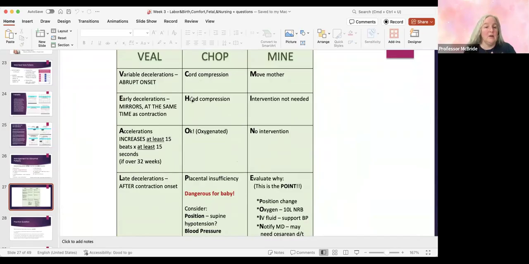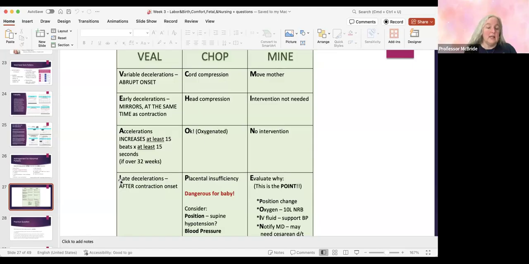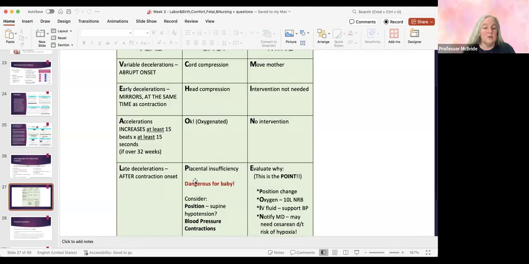The H is for head compression, so earlies are caused by head compression. The O is okay, and that's our accelerations. Our accelerations mean our baby's well oxygenated, so that's good. And the P of VEAL CHOP is placental insufficiency. If we look back at the L for late, P for placental insufficiency, that's when it's the most dangerous, which we talked about, along with all the things we need to do.